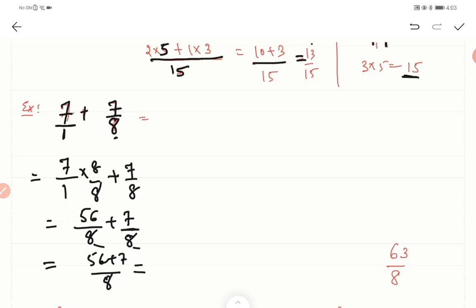So how much is it? 56 plus 7: 56, 57, 58, 59, 60, 61, 62, 63. Yes, it is 63 by 8. This is how you do it by finding the multiples. If I go for the LCM of 1 and 8, what will your LCM be? It will be 8, isn't it? So I will take 8 as the LCM.